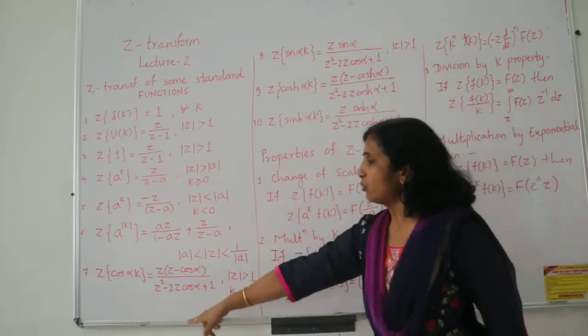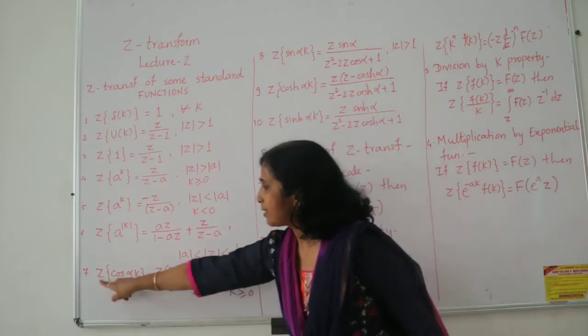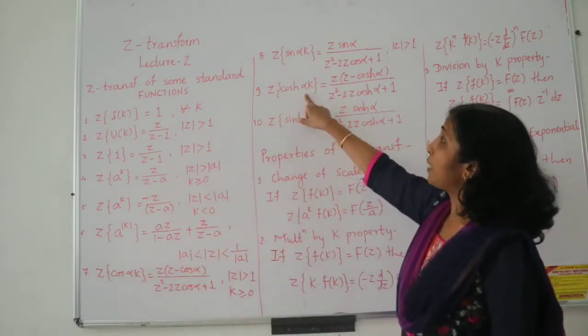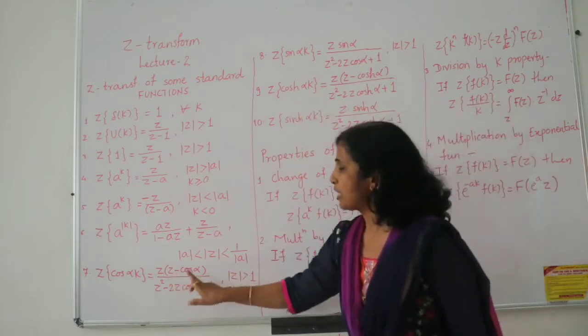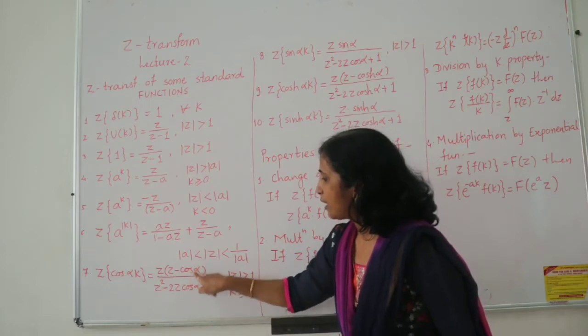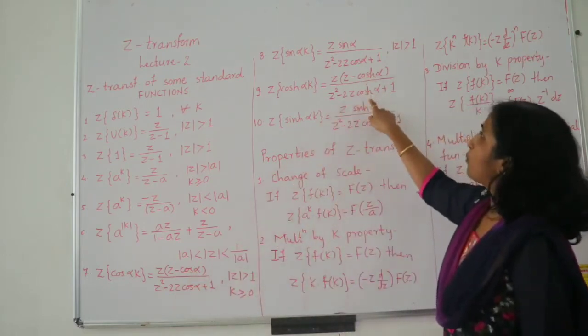Now, if you know the formula for Z transform of cos alpha K, similarly you can find Z transform of cos hyperbolic alpha K. So see what changed? It is the same formula, only where there is cos alpha, there should be cos hyperbolic alpha.